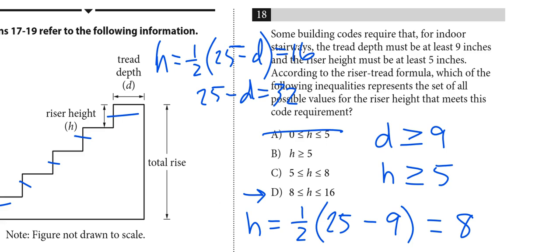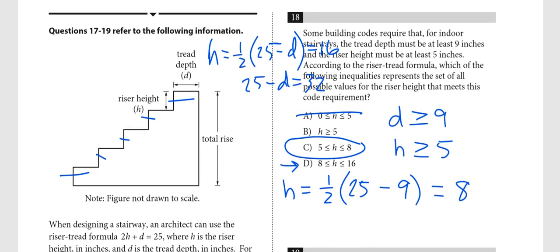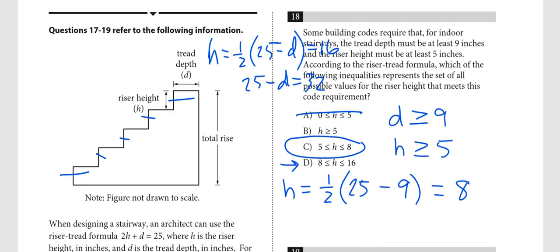It's almost as if that 8 is a maximum, not a minimum. I'm thinking the answer is C. We'll come back to this one because I want to verify that. But it does happen. The height does have to have a max. You know, if the tread depth was 25, we'd be in some trouble. Yep.